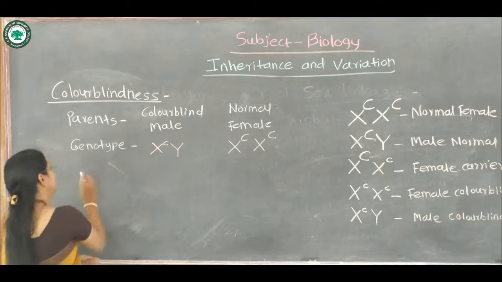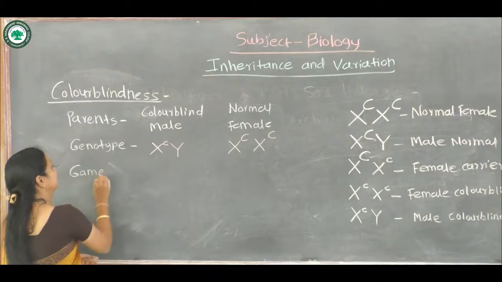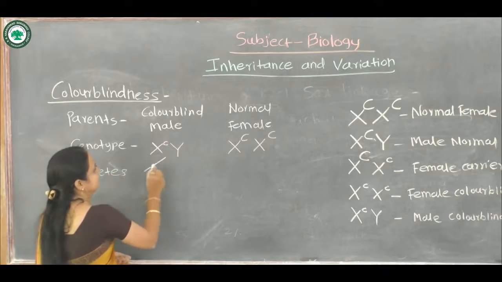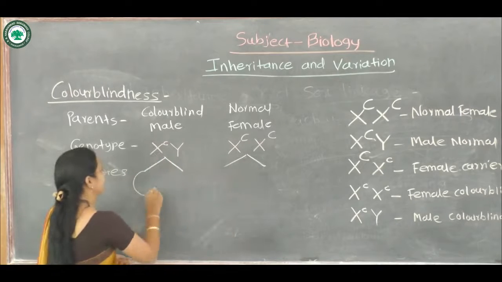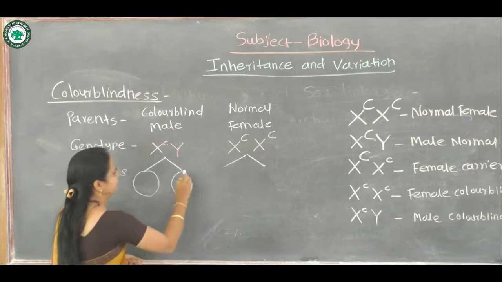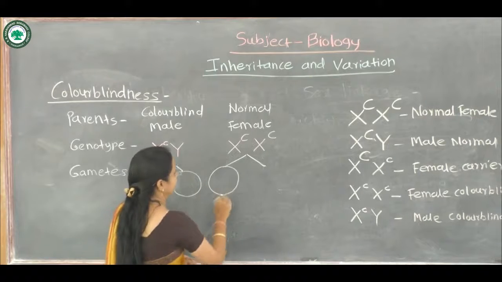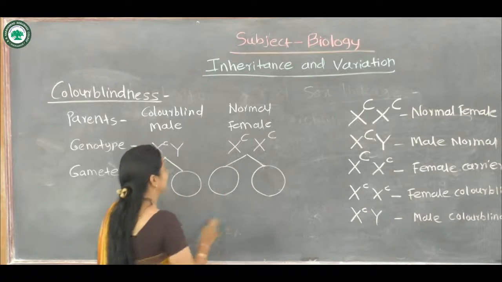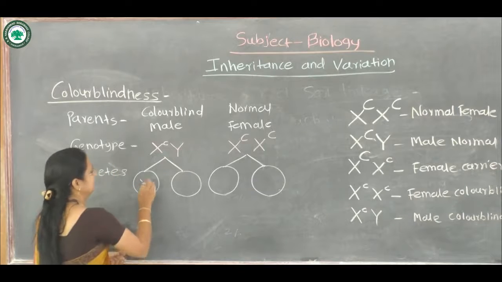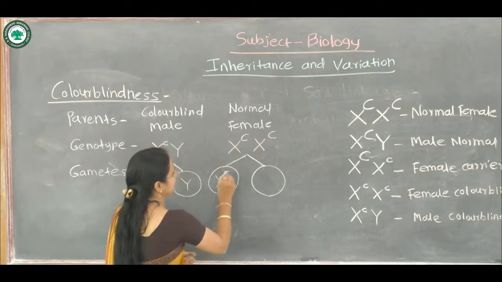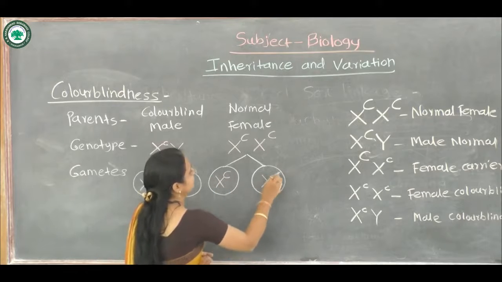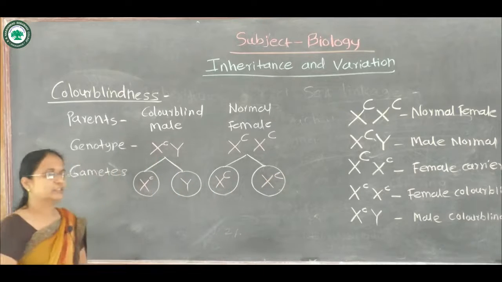Now you have to prepare the gametes. Let's take the gametes of these: X small c, Y, X capital C, the dominant, and again X capital C.